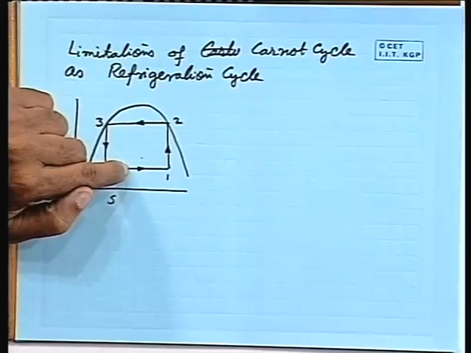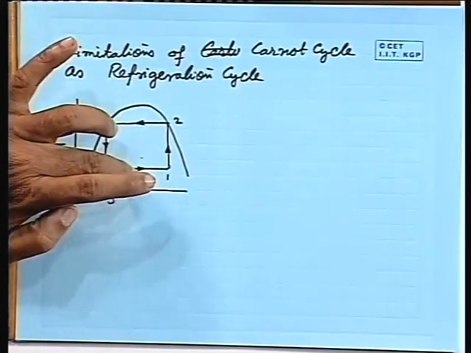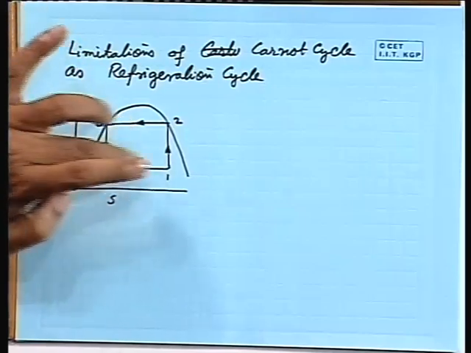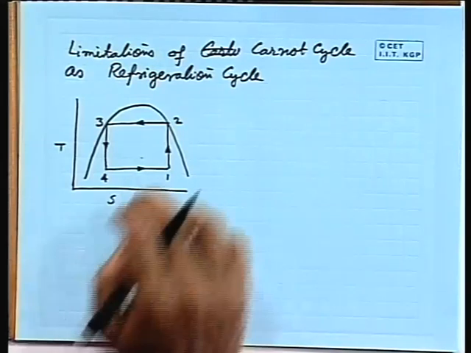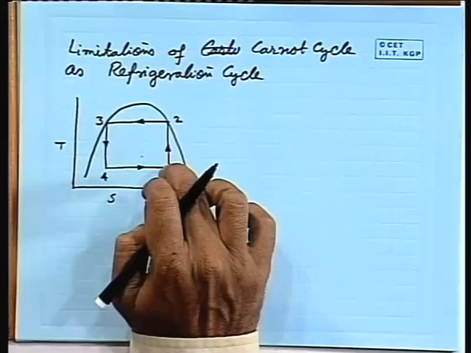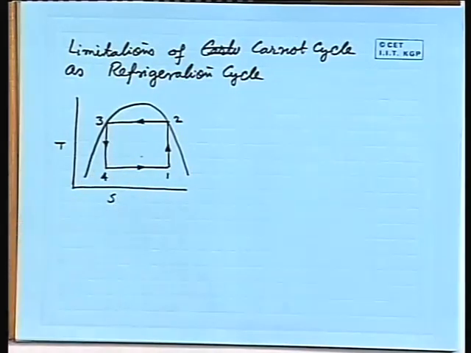Here we can see this is a condensation process and this is an evaporation process. So, we will have the condenser here, we will have an evaporator here, and these two are reversible adiabatic expansion process and compression process.